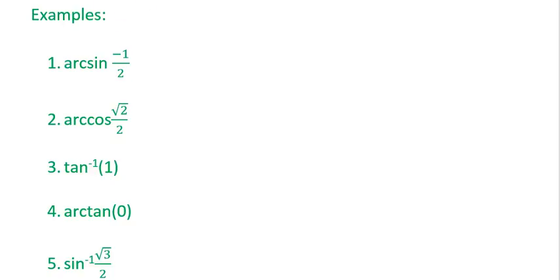This is where you're going to want to look at your unit circle, and we're going to answer these examples. The first one, I have the arc sine of -1/2. So I'm looking on my unit circle for the place where the sine is -1/2. The y value is -1/2. The question is, what is that angle, or what are those angles?